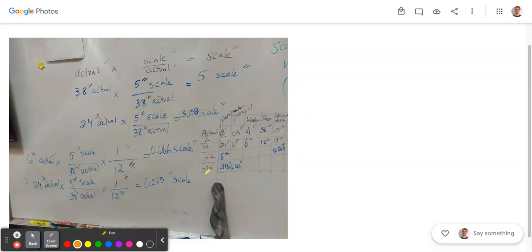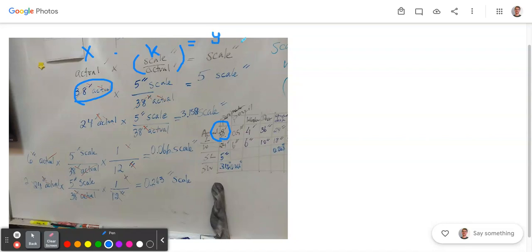Okay, how are we going to do that? Well, we take each number one by one. Let's start with 38 feet. As you can see here, I already put 38 feet in. I'm going to multiply by the scale factor, so x times the scale factor k. This right here is k. Scale factor equals scale equals y.